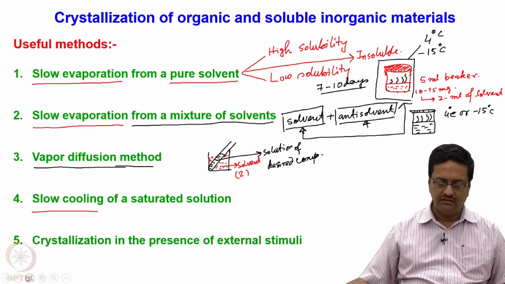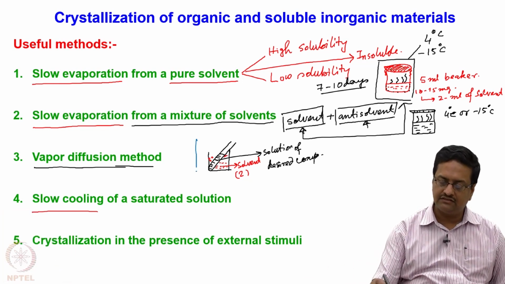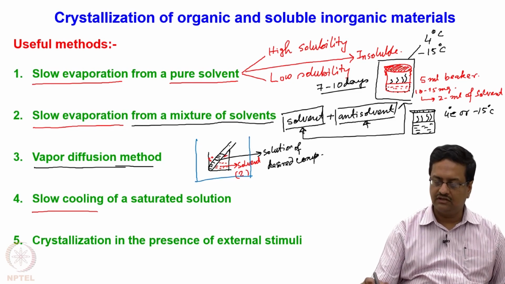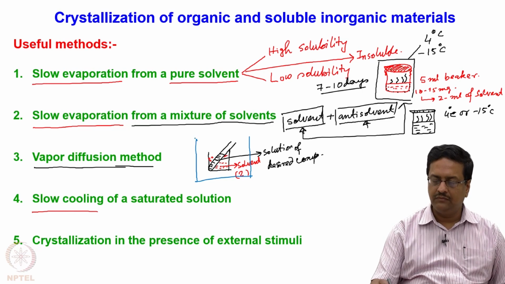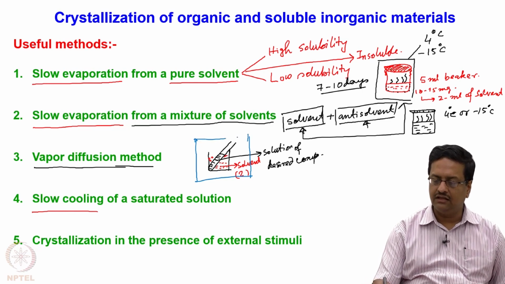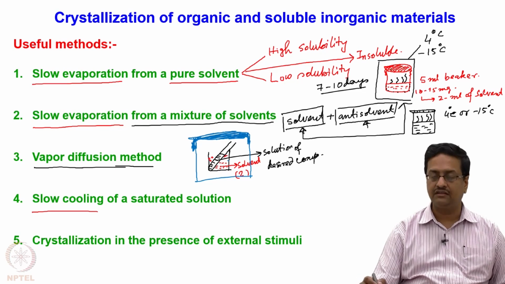Then if we isolate the entire system in a closed container, maybe we place it in a larger beaker and cover the top with paraffin film completely and do not allow any hole so that the solvent mixture does not evaporate.